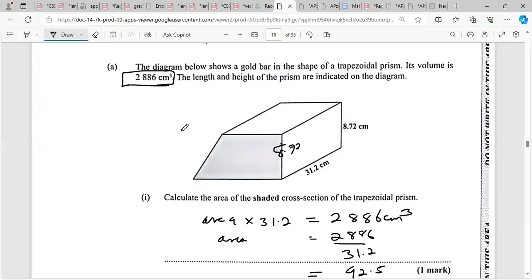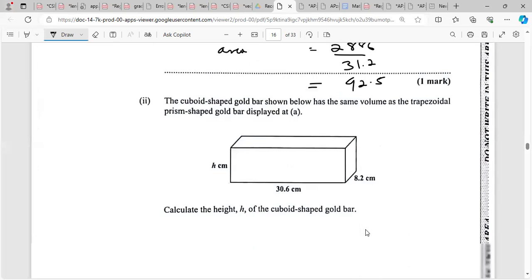So we have 2886. This is length times width times height, right? That's how they get the volume. So all we need to do to get the h is times this times the 8.2.